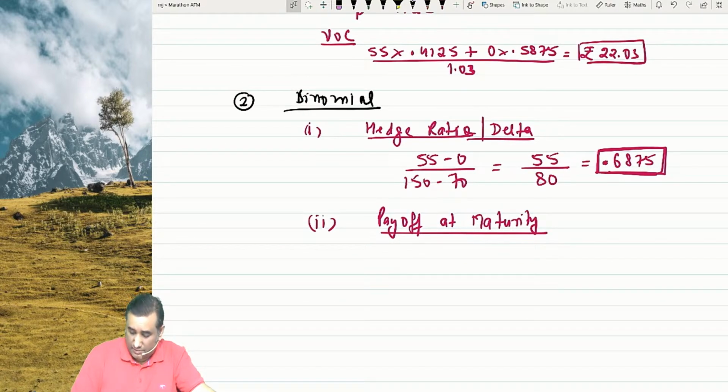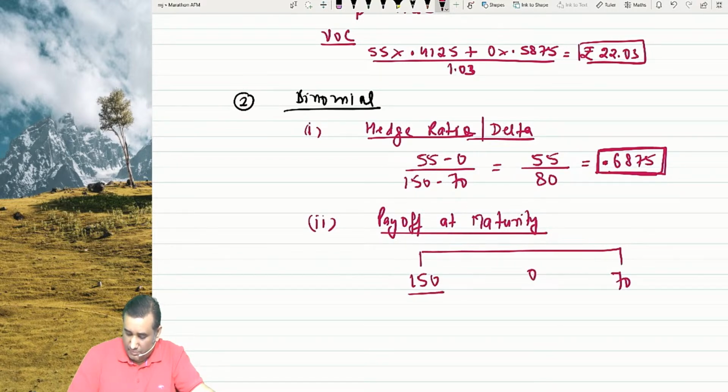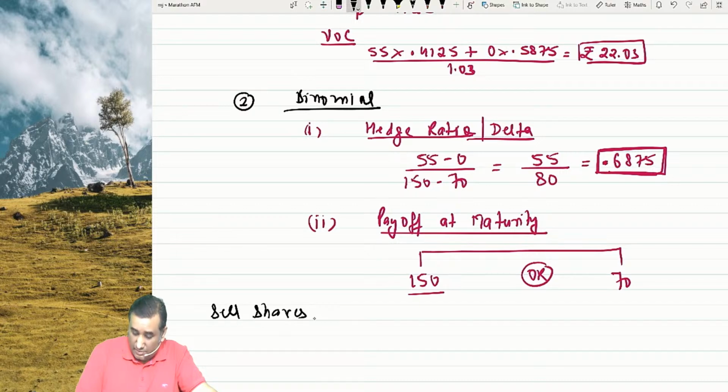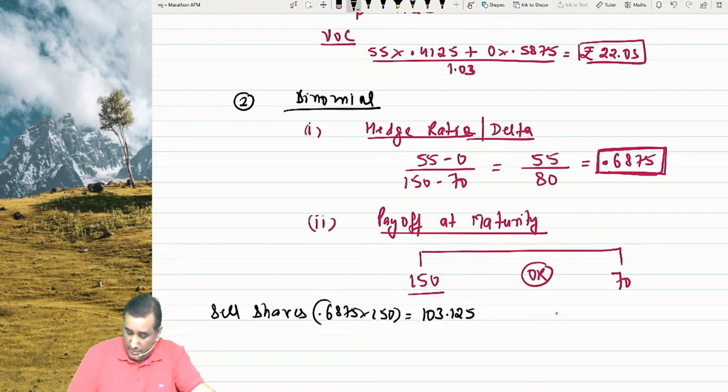Try that out. 150. What shares will he sell? Sir, how can he buy the share in decimals? 75. How much? In this case it will be 0.6875. 48.125.